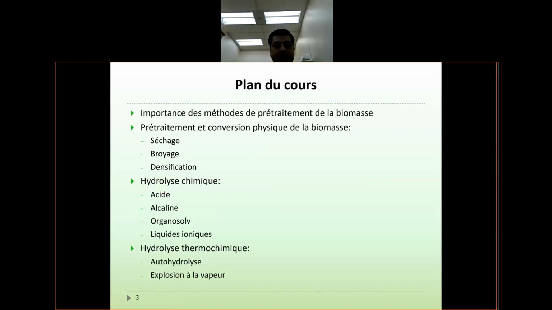Also, there are some physical treatments that are really mechanical treatments, and you might think that this is part of mechanical engineering duties, but it's not true. A chemical engineer is a type of engineer who is able to handle any process for the whole range of materials: solid, liquid, gas, even plasma. That's the power of chemical engineers.